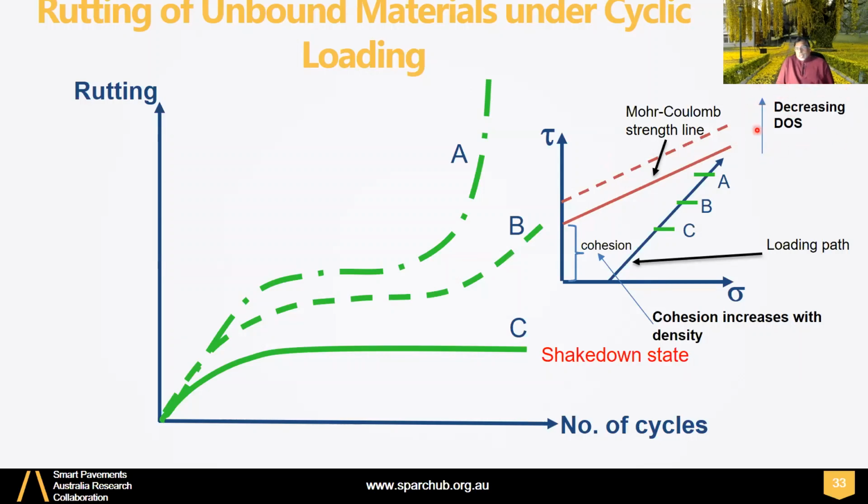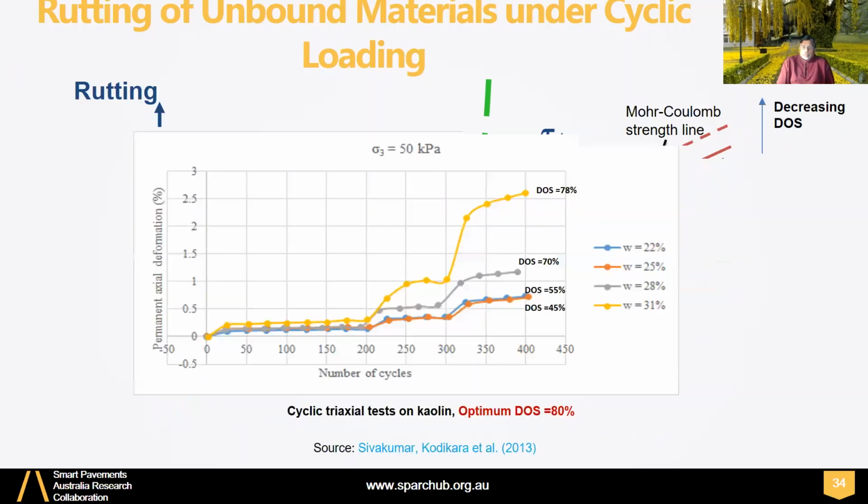So when you have decreasing degree of saturation or decreasing moisture content, this line will also move up. So moving away from this loading region and providing better performance, less rutting. That's how it works. But if you wet it, it can come down. If you have no compaction, it can come down and rut altogether. So that's how density and moisture can help minimize rutting.